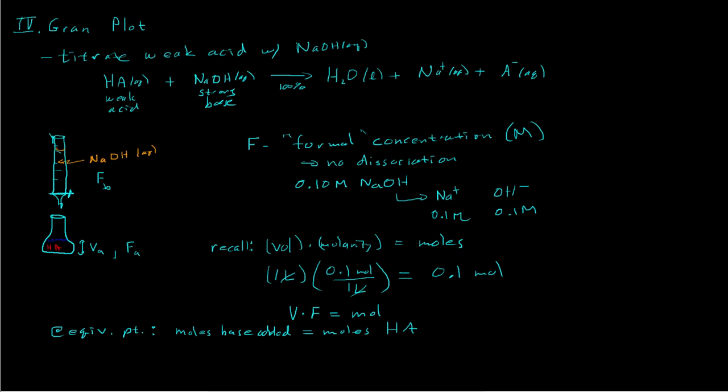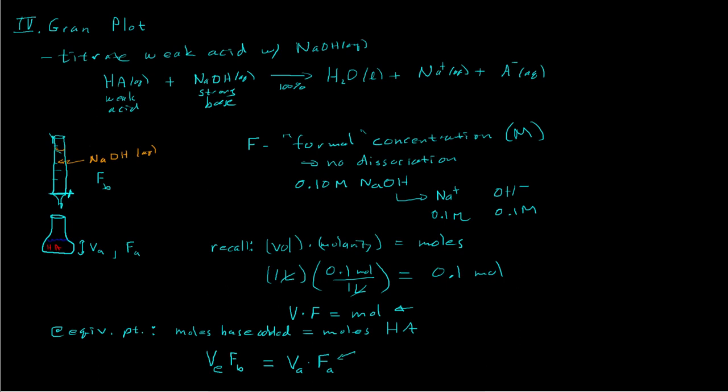Well, the moles of base added would be a certain amount of volume that it takes to get to the equivalence point. So we're going to call that VE. We're going to multiply that by the molarity, F sub B, right? And that's where we're going to use this equation right here to determine our moles of base added. And that's got to be equal to the moles of HA. And so that will be the volume of acid that we carefully pipette over times the formal concentration of the acid.